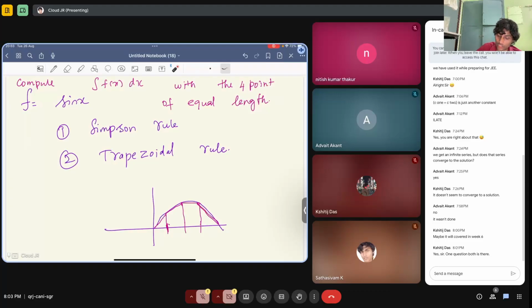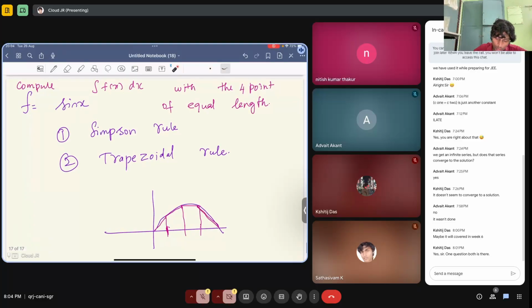So if you want to find the definite integral from a to b, you can see it as the area under this curve using the first and second fundamental theorem. If I cannot find the area directly, I just approximate it, and that's where numerical integration came into the picture.